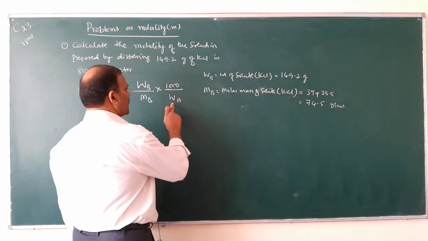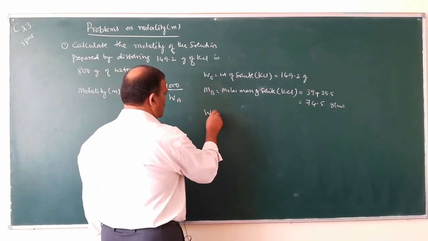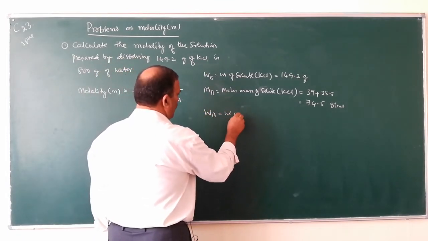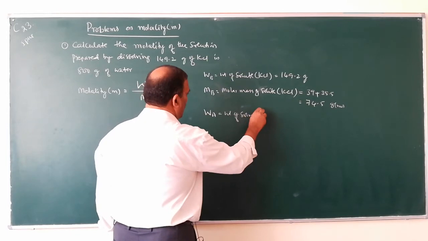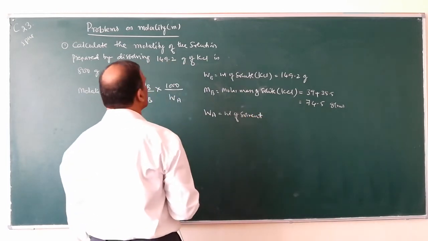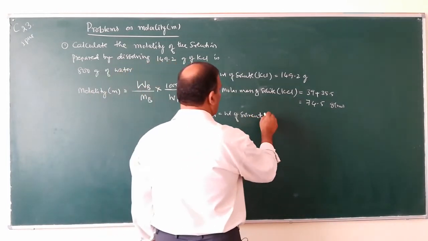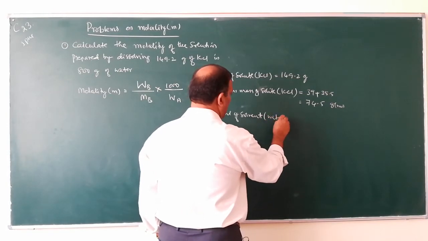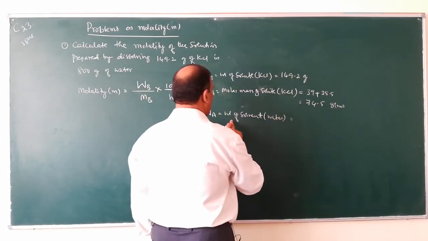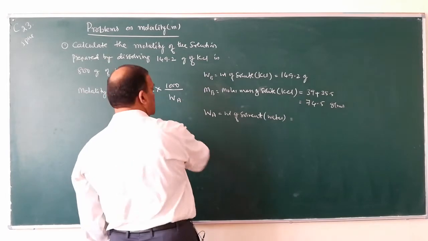WA is the weight of the solvent. The solvent here is water, so the weight of the solvent is 800 gram.